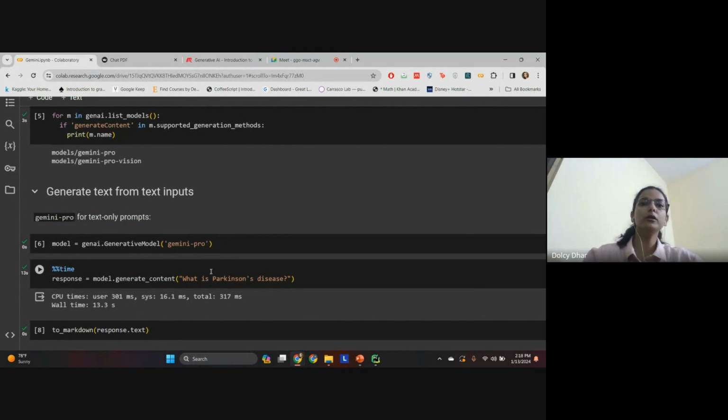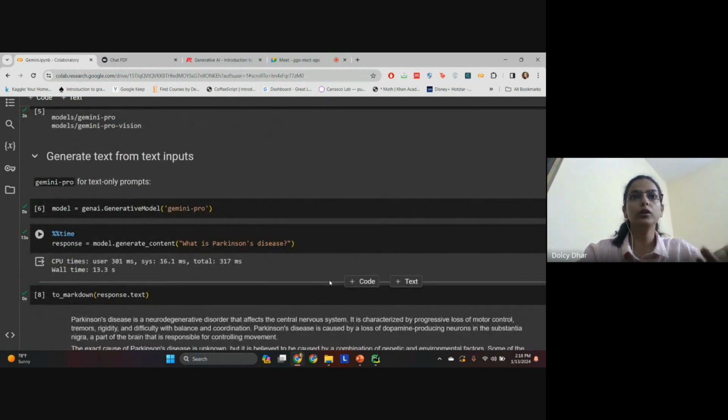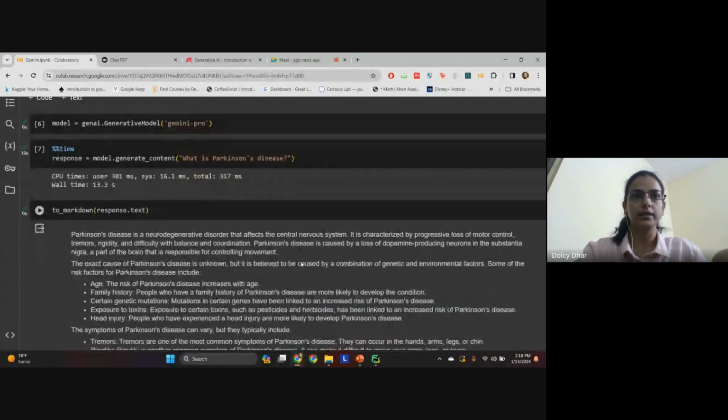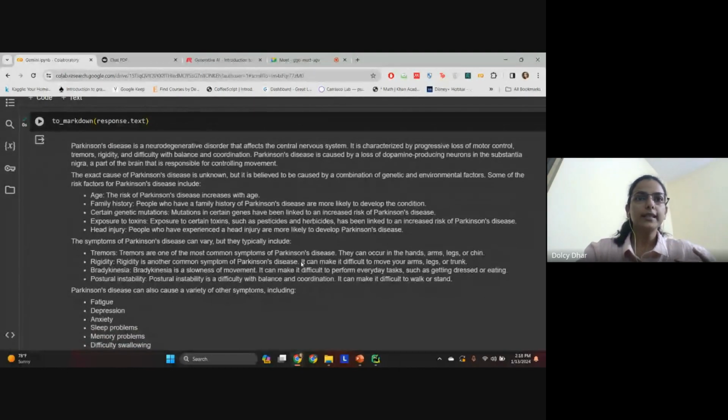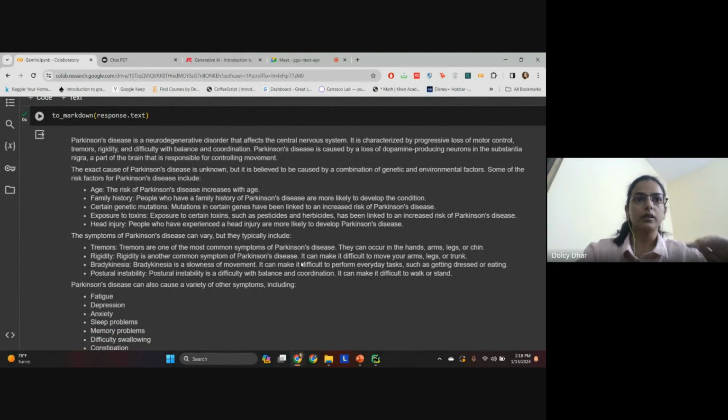Being from a healthcare background, I asked the Gemini Pro model to answer what is Parkinson's disease. And this is the answer I received. You can see it is a very detailed answer. But if I ask a similar question to, let's say, GPT 3.5, I might not get such detailed answers on specific domain-specific questions.